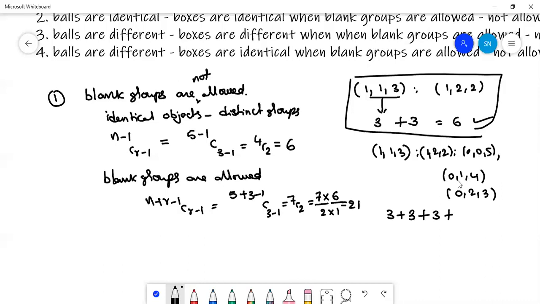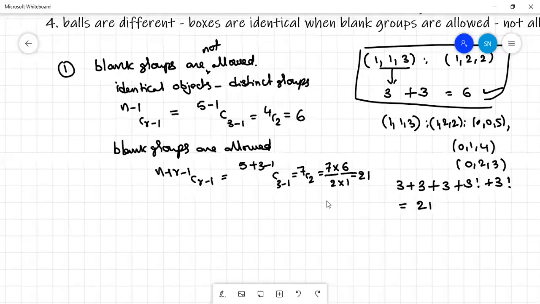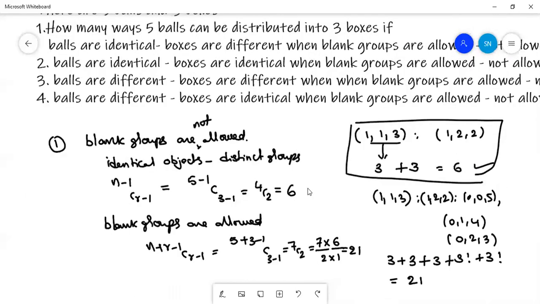Whereas 0, 1, 4 is not 3 ways, it is 3 factorial ways. And 0, 2, 3 can also be done in 3 factorial ways. So 9 plus 6 plus 6 is nothing but 21. So this formula itself calculates all the possibilities. I hope this point is clear to everyone.